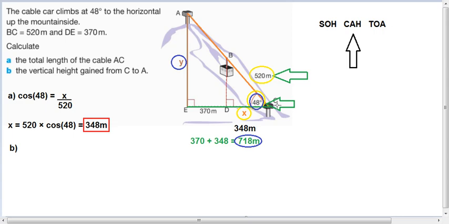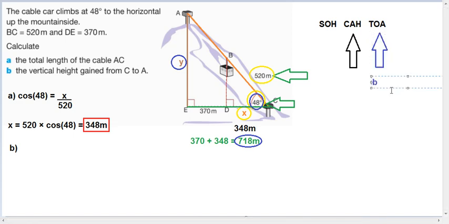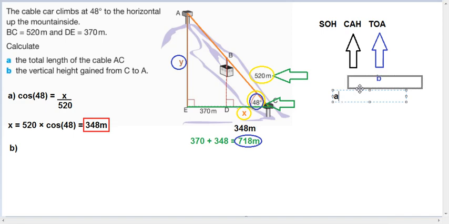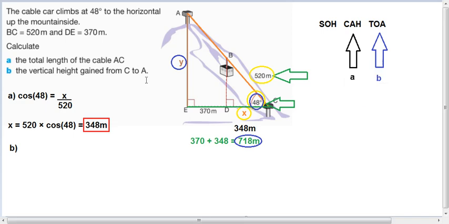The only relation that has both sides involved is TOA. So let me put here letter B, TOA. For letter A, we used CAH. So TOA for letter B, and for letter A, we used CAH.